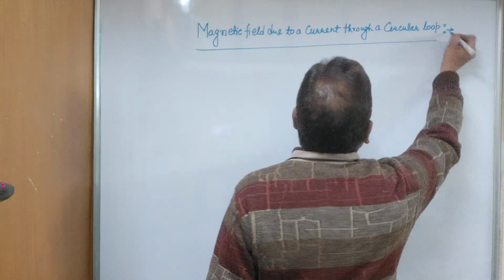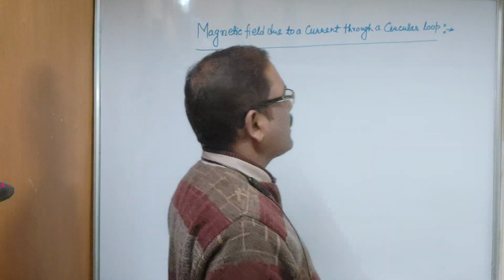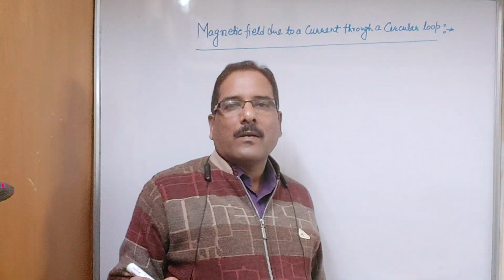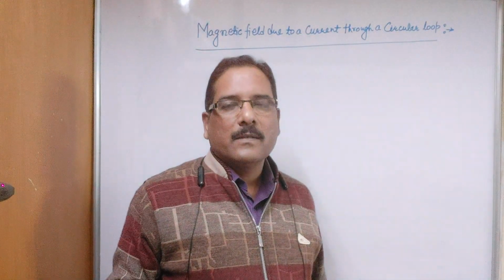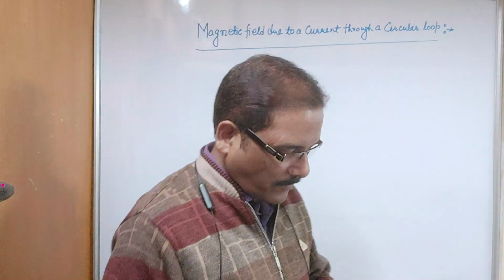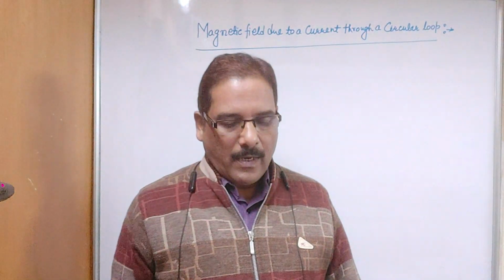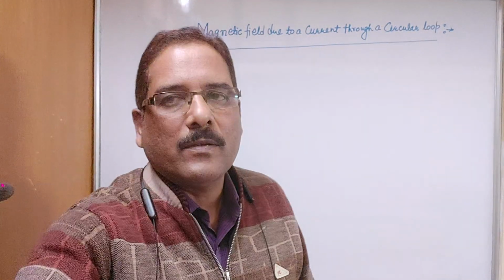Circular loop means we have taken a circular wire in which there is a single turn. So let us draw a diagram for it.